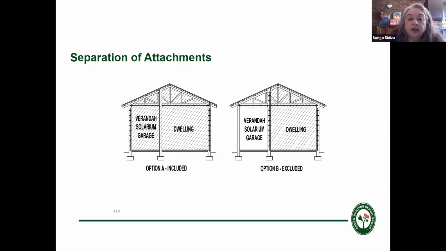Now, we've been asked again, people say, oh, I converted my veranda into whatever. What does it mean? Well, again, if you convert your veranda into a bedroom, then your veranda has to be energy efficient because it's part of a dwelling. It's an occupied space.